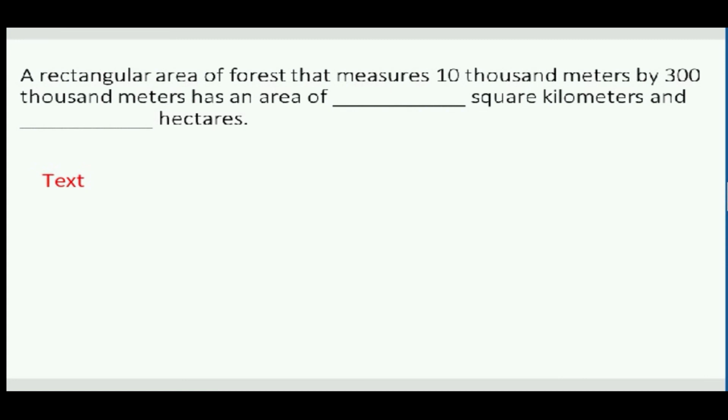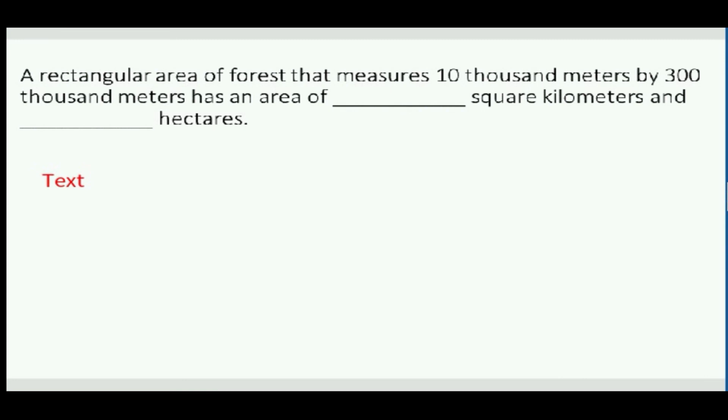I'm going to multiply that by 1 kilometer squared divided by 1 e to the 6 meters squared equals 3 e to the 3 kilometers squared.